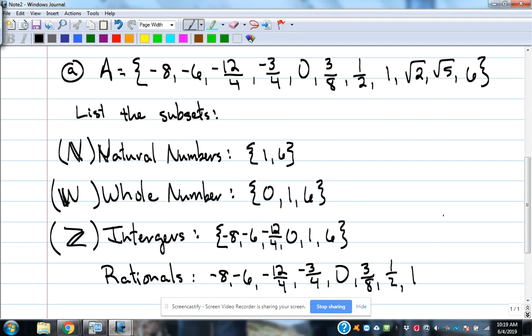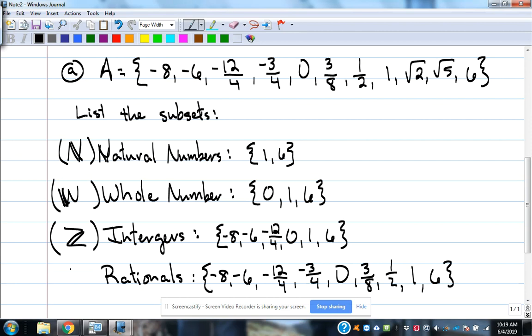The square root of 2 and the square root of 5 cannot be written as fractions. They're decimals that never repeat and never terminate, or don't end. So we can't use those in the rationals. And then the 6 and the 1 there. So the rationals is a pretty large set. It includes a lot of different kinds of numbers.